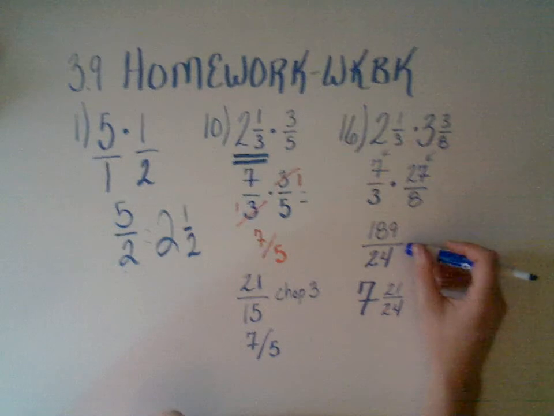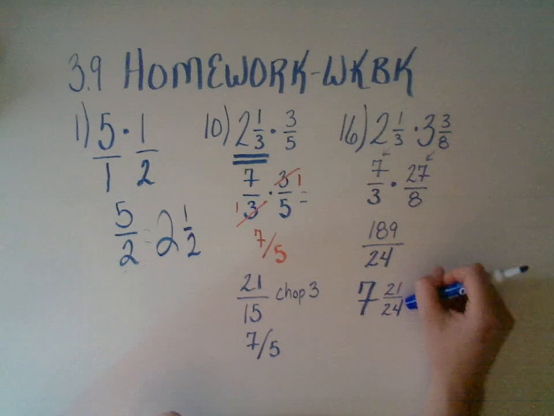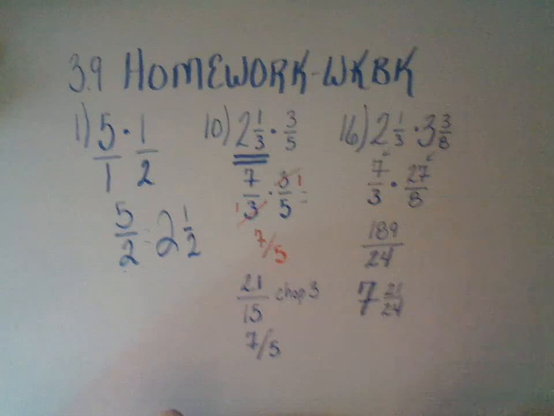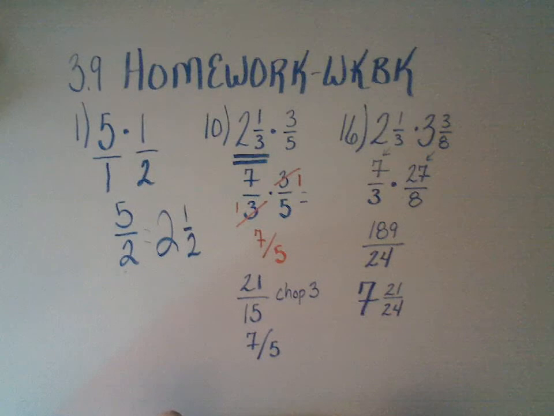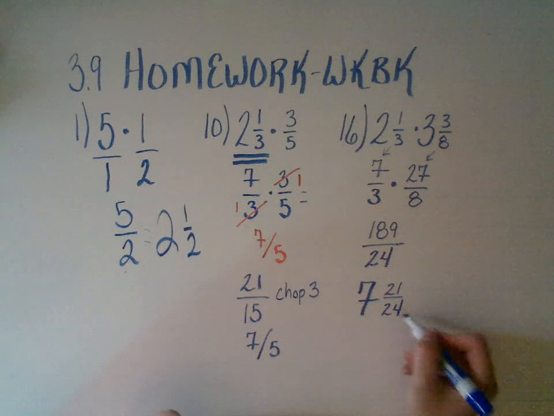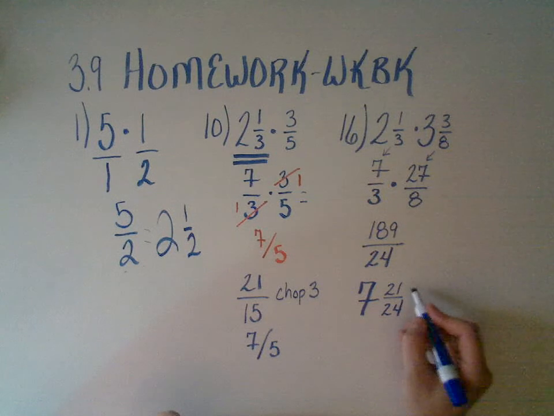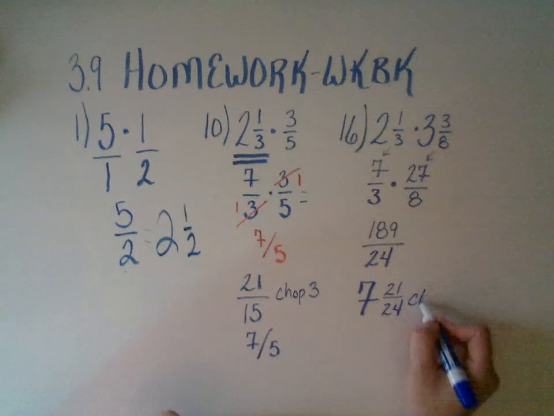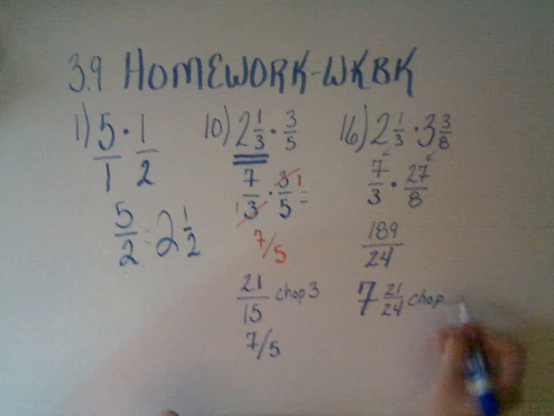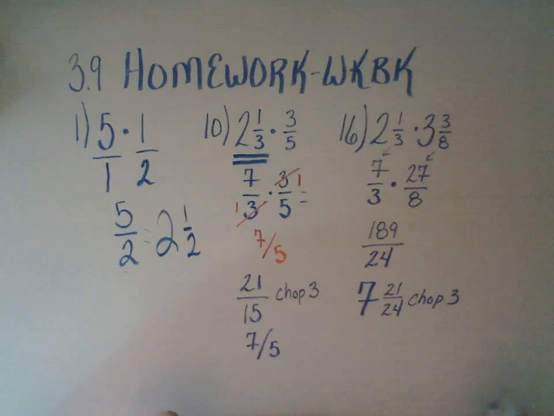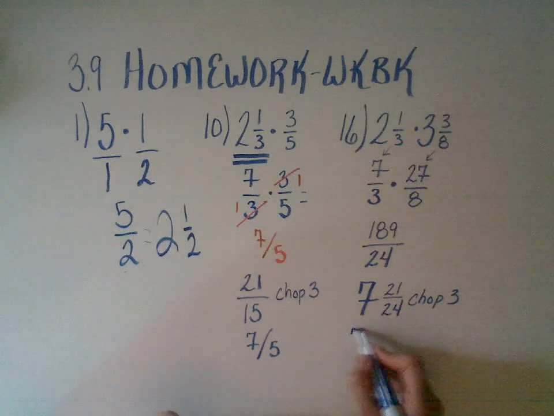Now, maybe it wasn't very easy to see back here, but now it probably is that this fractional part also actually reduces. So when they were talking about simplest form, I have more work to do. So with the 21/24 part now, I'm going to chop 3 out of both of those, which is the biggest number I can take out of 21 and 24.